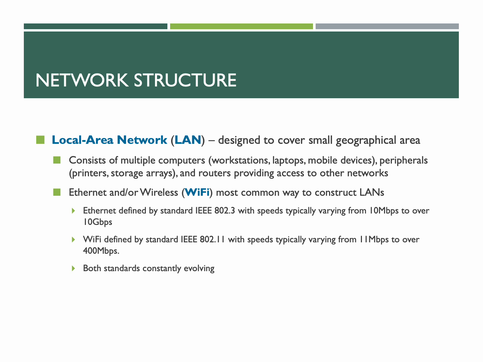So, within a LAN, multiple computers such as workstations, laptops, or mobile devices are connected. These computers often interact with peripheral devices like printers or storage arrays, and they are all usually connected to routers, which may also provide access to the internet or other external networks.